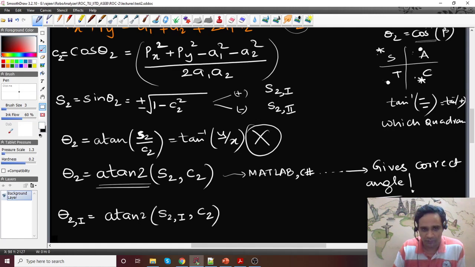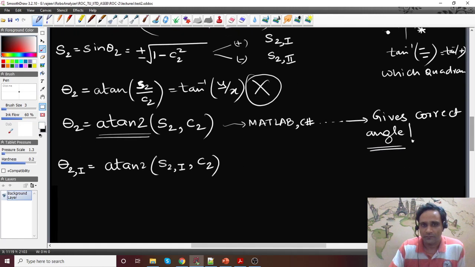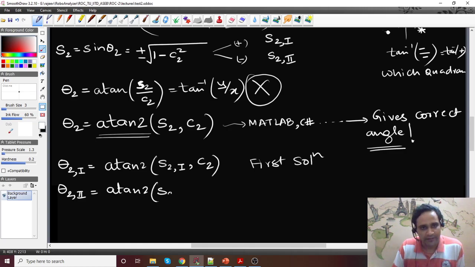This is the first solution. Similarly, the second solution for theta 2 will be atan2 of S2 2, the second value, and the same cos 2, because cos 2 is just the same. So this is the second solution for theta 2.